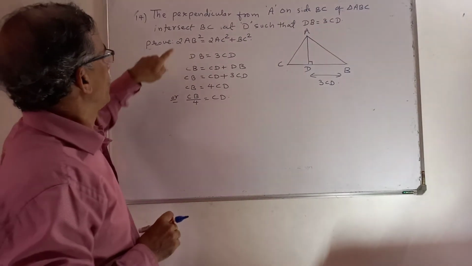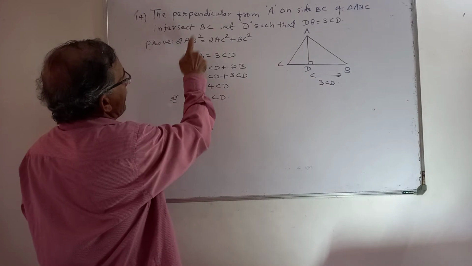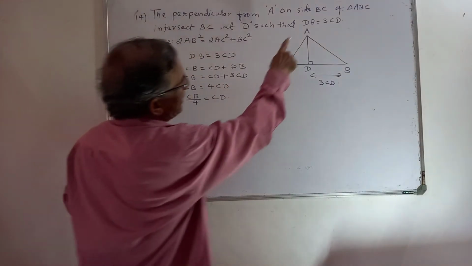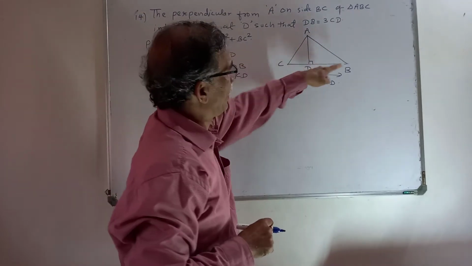Now we can go to prove the theorem. 2AB square, forget about 2. AB square is equal to, in this figure we can write AB square by taking triangle ADB.